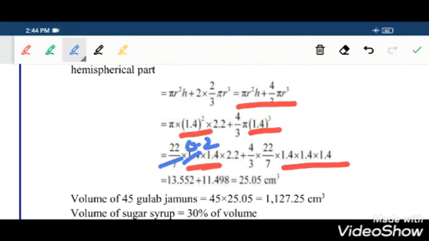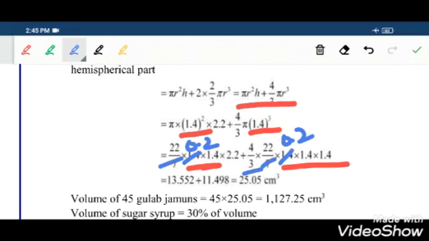The same way, cancelling 7 and 0.2, you multiply 4 into 2 into 0.2 into 1.4 into 1.4 and divide by 3, you get 11.498. After the decimal part you should say it as a single number, 552 and 498. You add them and get 25.05 centimeter cube.